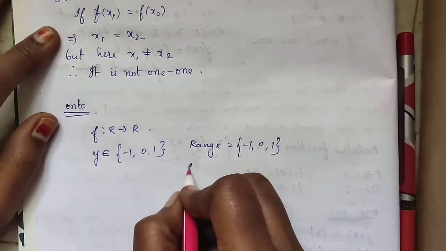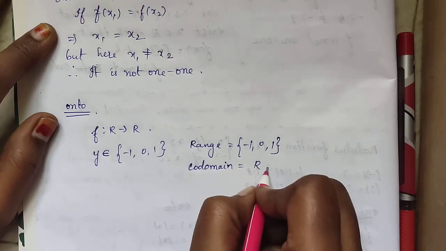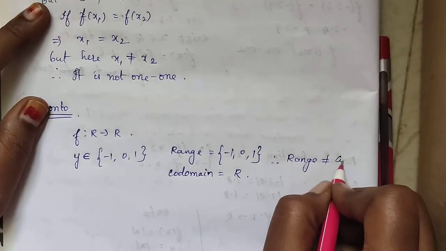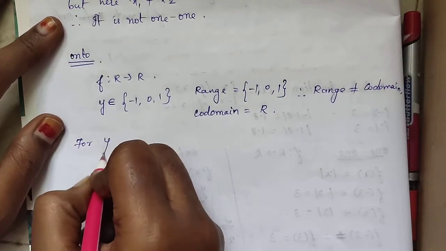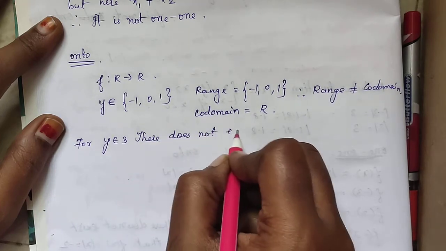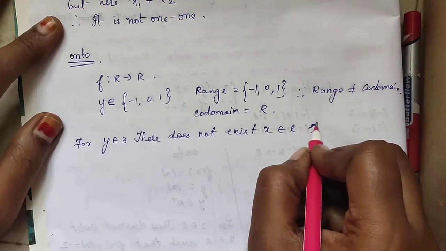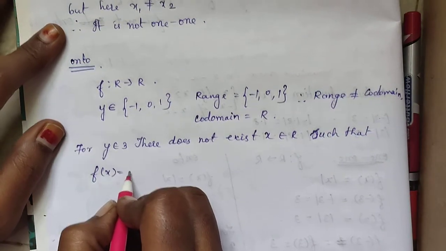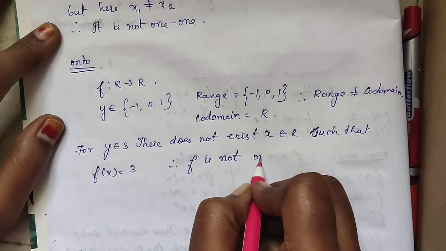The codomain is equal to R. Therefore range is not equal to codomain. So for y belongs to R, say y equal to 3, there does not exist x belongs to R such that f of x is equal to 3. Therefore, f is not onto.